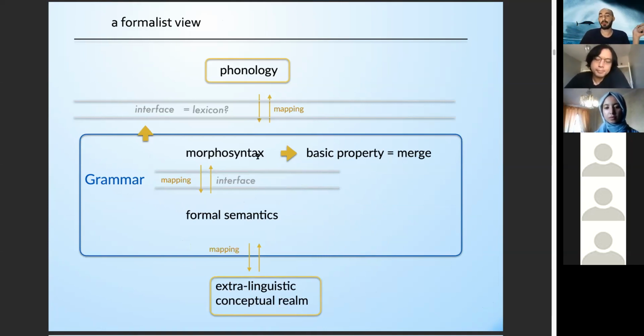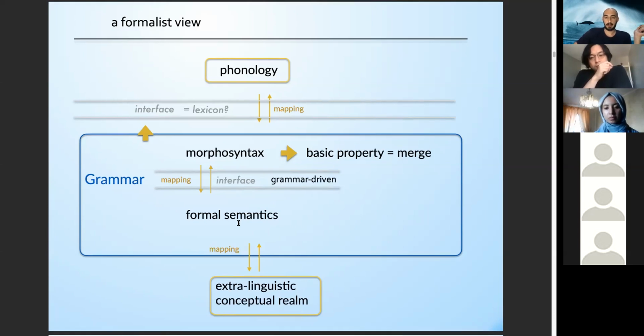You have a mapping between syntax and semantics within the grammar, and then a mapping between abstract semantics and extralinguistic semantics, or extralinguistic concepts. And here your dog would lack not only the proper syntax, but also a piece of semantics.